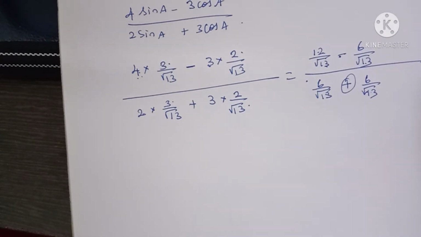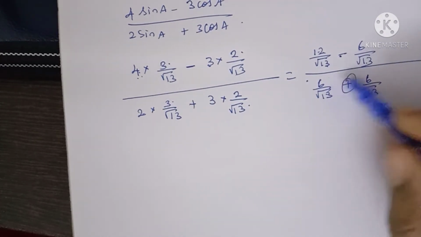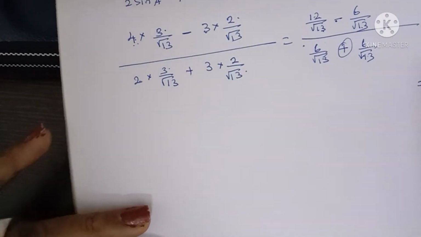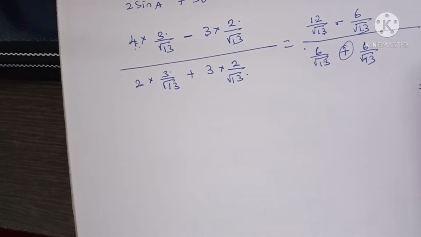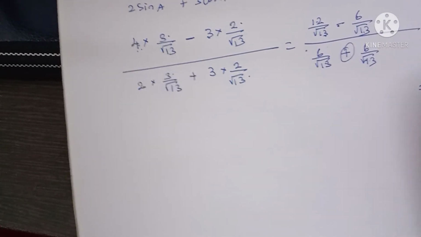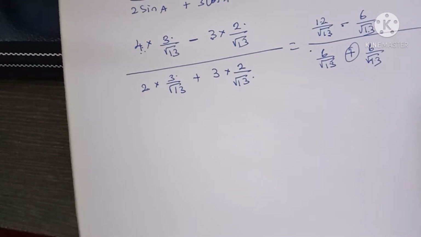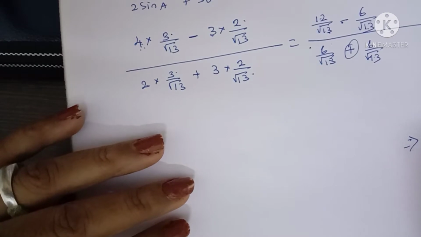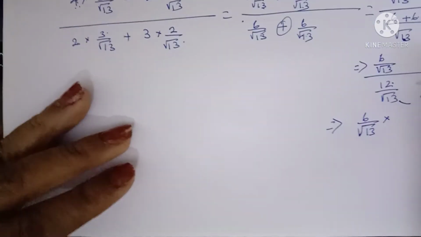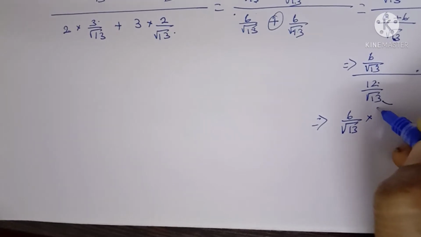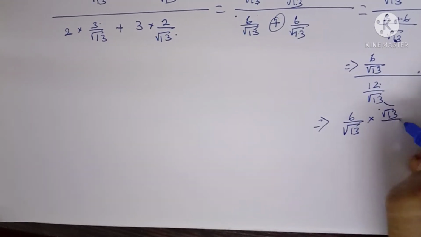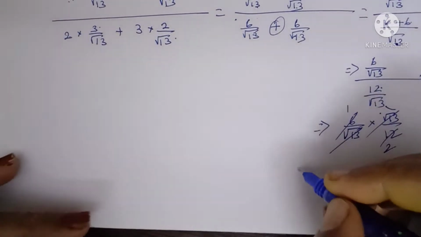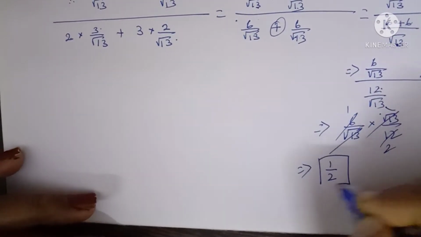So take the common denominator root 13 and add the numerators, which is equal to 12 minus 6 is 6 by root 13, by 6 plus 6 is 12 by root 13. If you take the reciprocal of 12 by root 13, it is equal to root 13 by 12. Root 13 cancels, in the 6 table 6 ones are 6, 6 twos are 12, which is equal to 1 by 2.